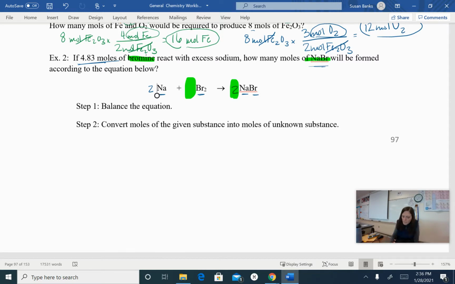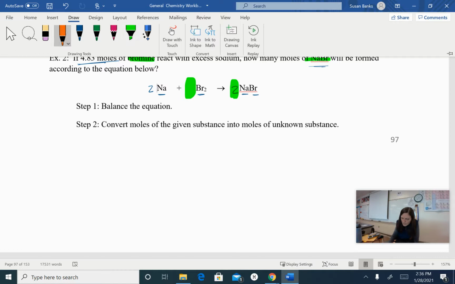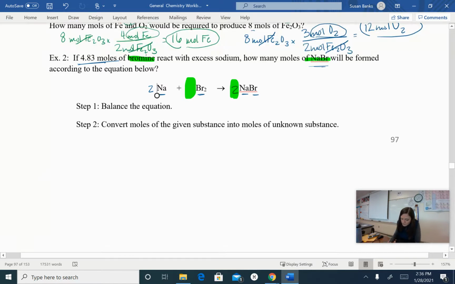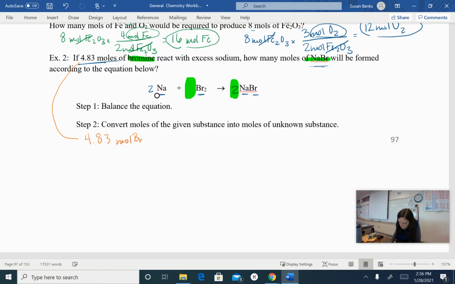Okay, now I'm going to take the number that I'm given, which I started with, the 4.83 moles of bromine. Okay, now I want my moles of bromine to cancel. So on the next step, I'm going to put my moles of bromine on the bottom, which is the opposite side.